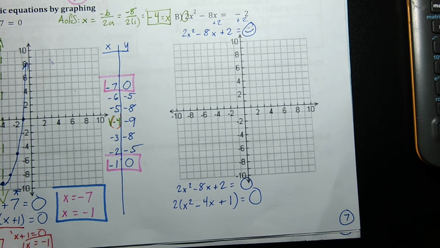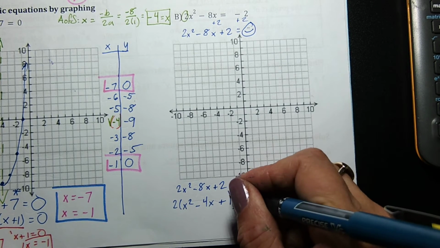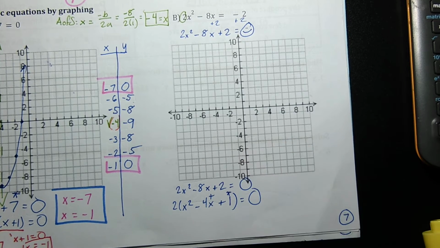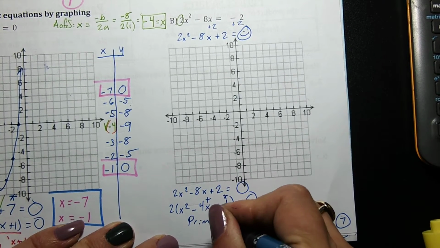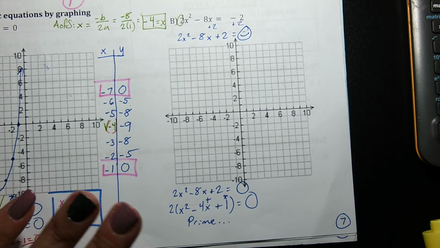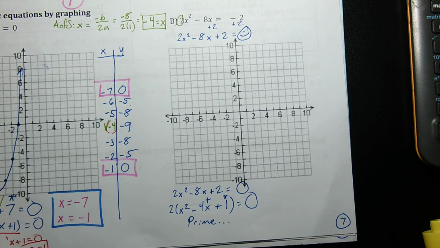So now we're looking for a product of 1 and a sum of negative 4. Uh-oh. Can we do this? Nope. So this one is prime, which means we can't find the solutions by factoring.